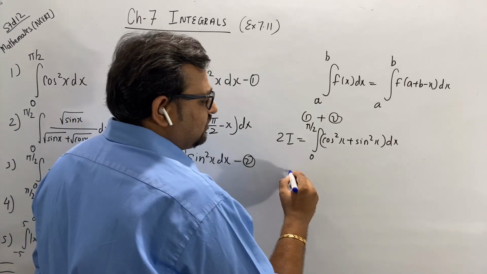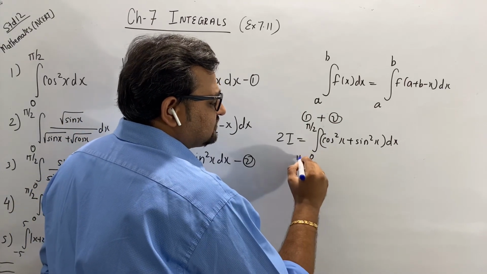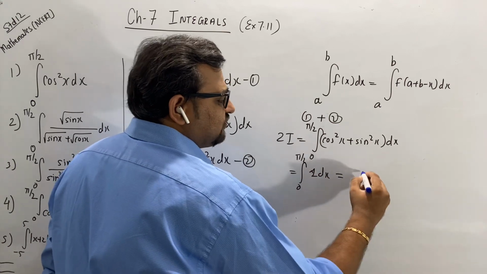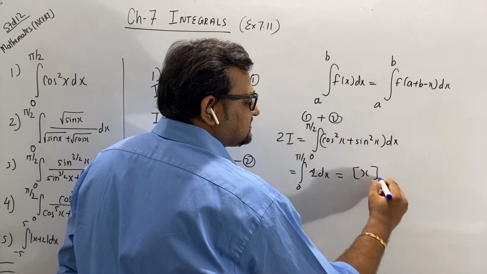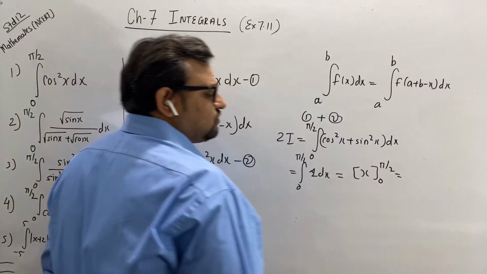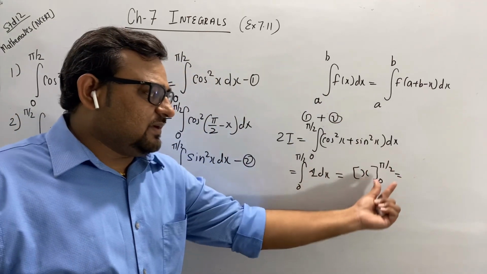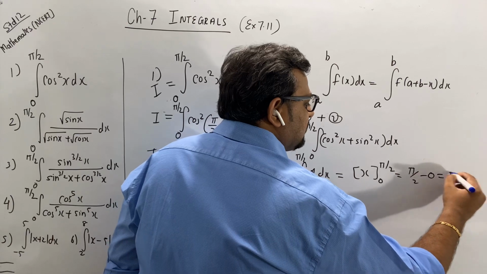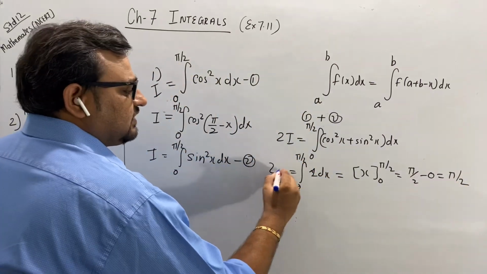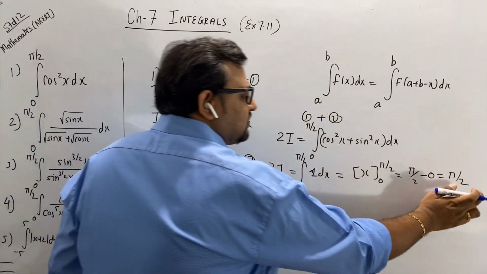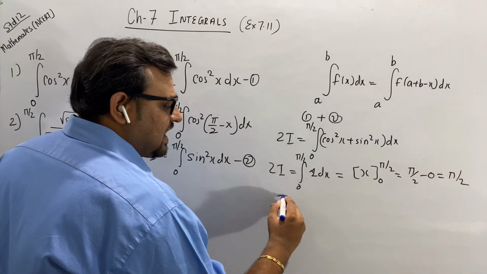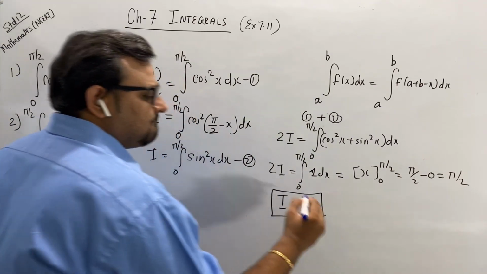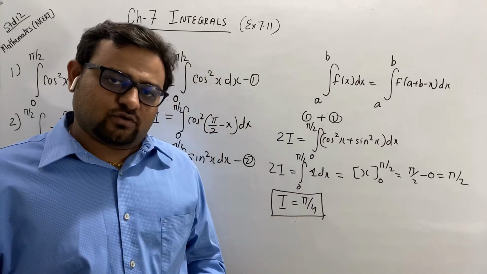So this will be equal to integral from 0 to pi by 2 of 1 dx. So integration of 1 is x. First put the upper limit minus lower limit, pi by 2 minus 0. This is equal to pi by 2. So 2I is equal to pi by 2, so I will be equal to pi by 4.